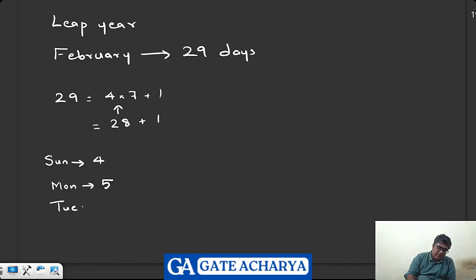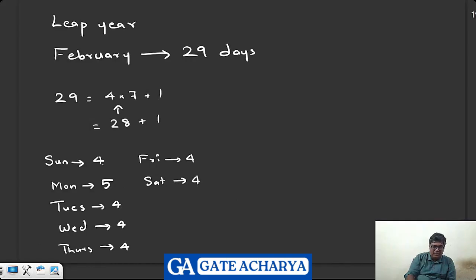Tuesday, 4. Wednesday, again 4. Thursday, again 4. Friday, again 4. And Saturday, again 4. If you add all this up, 4 plus 5 plus 4 plus 4 plus 4 plus 4 plus 4, you will get 29.